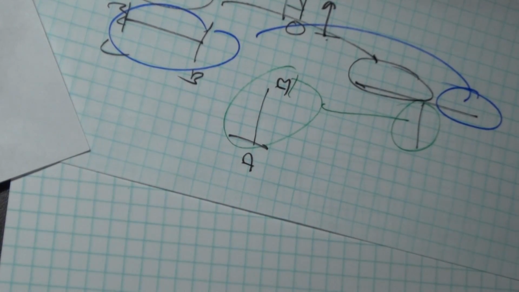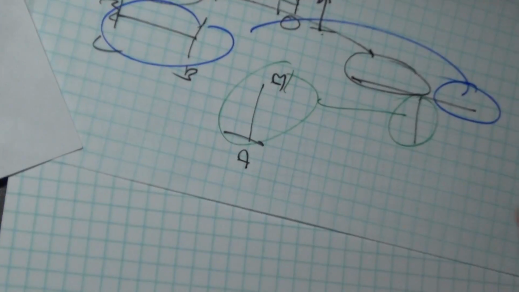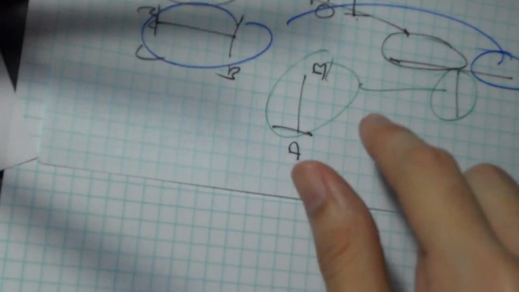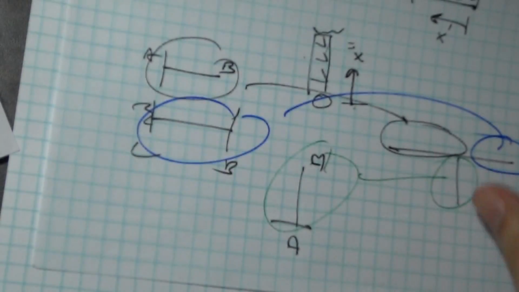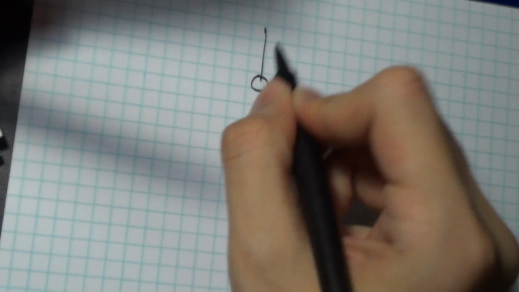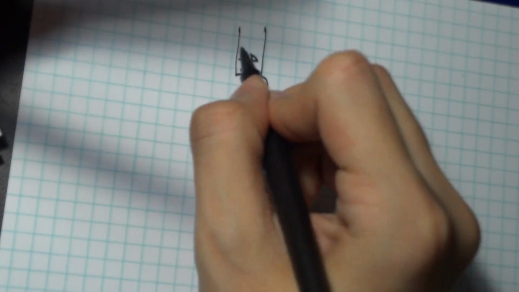A lot of people were confused about the sign conventions. The confusion was, does it matter if I look at sign, for example, for the vertical members, from the left or from the right? So for example, from the vertical member here, let me redraw that here.